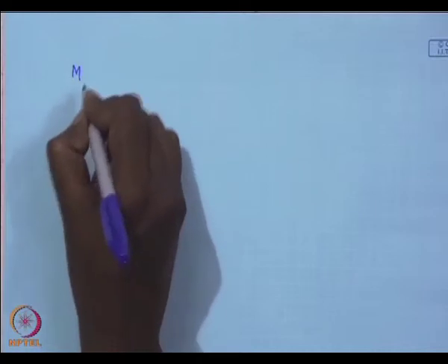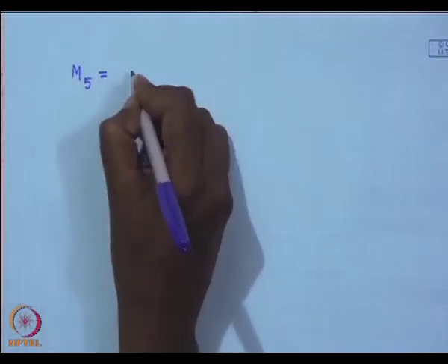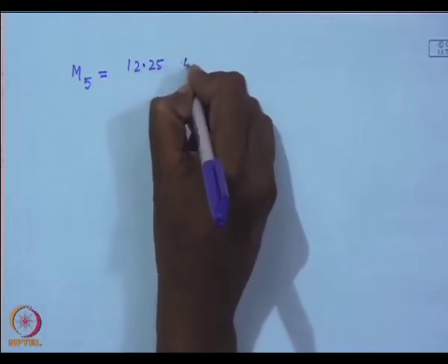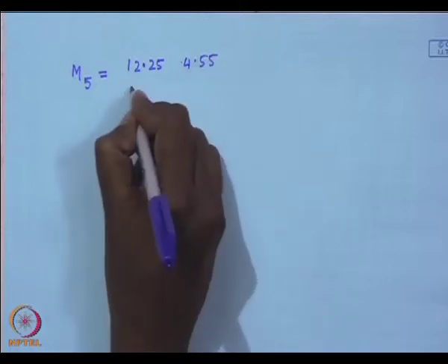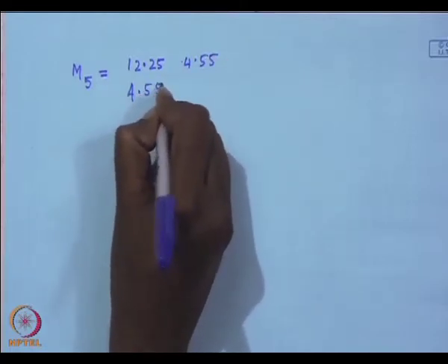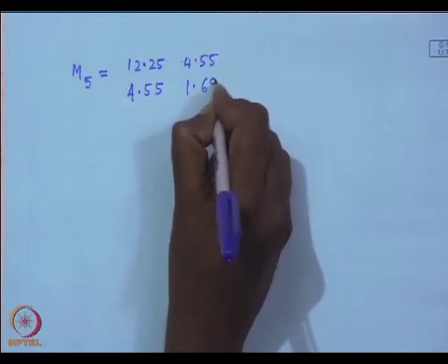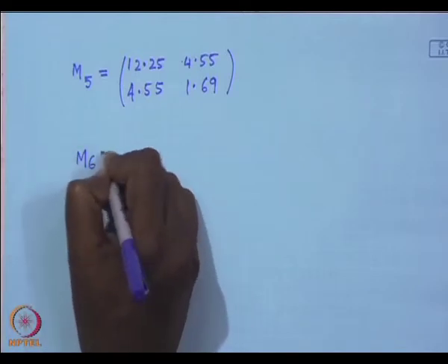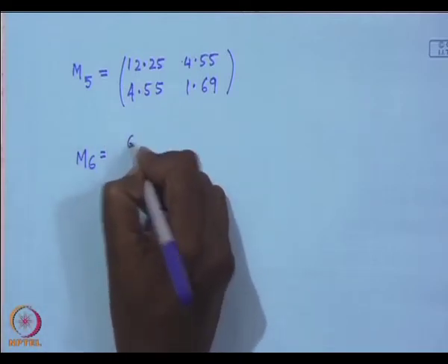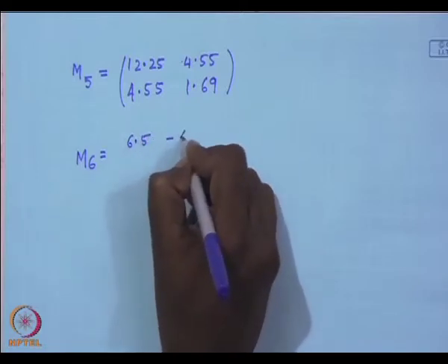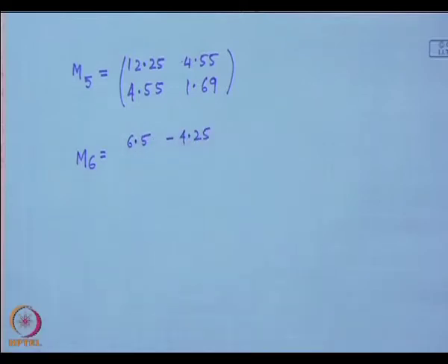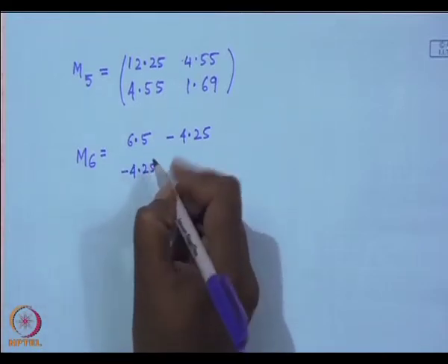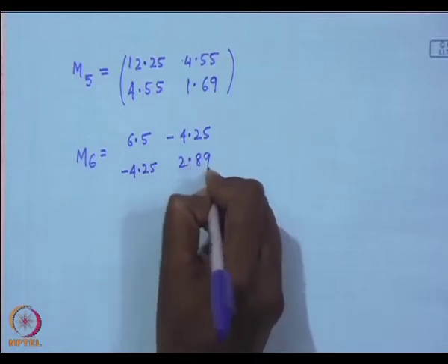The fifth matrix will be 12.25, 4.55, and the sixth matrix M6 will be 6.5, minus 4.25, minus 4.25, 2.89.